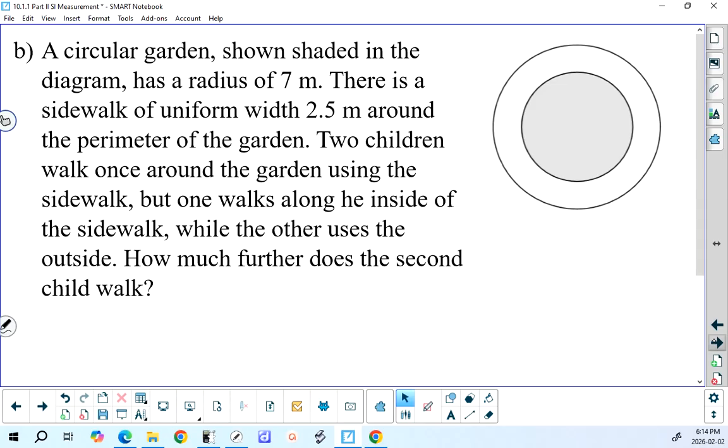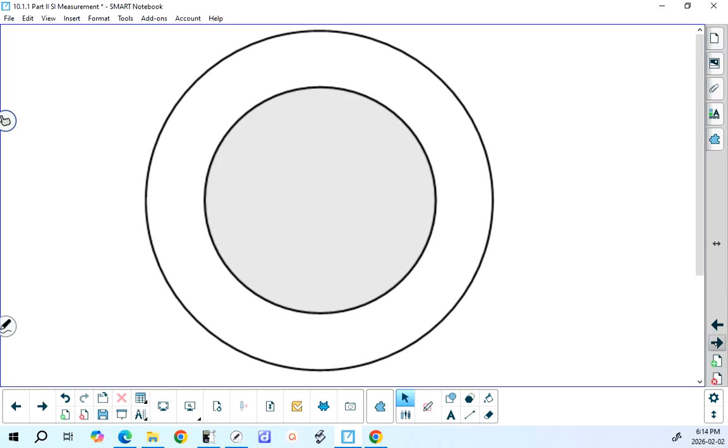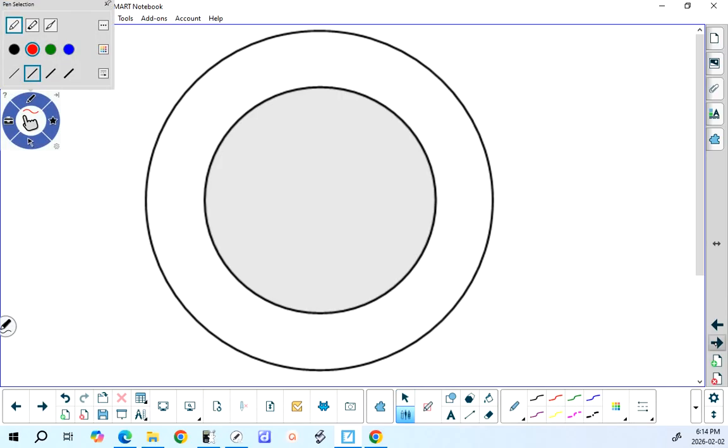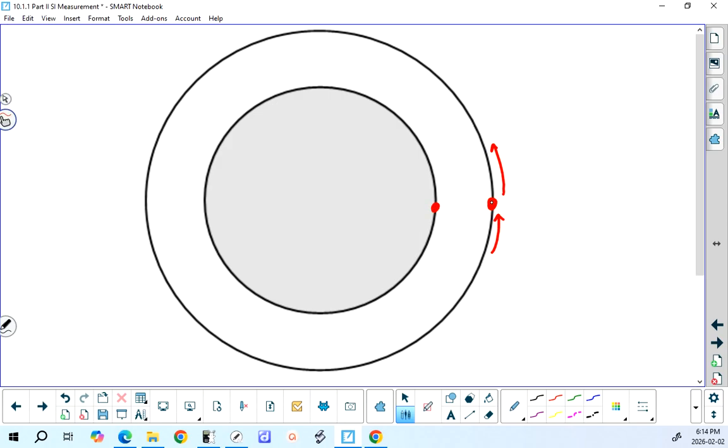But what this question is saying is, one child starts at this position and walks all the way around and returns to that position. The other child starts here and walks around and returns to that position.